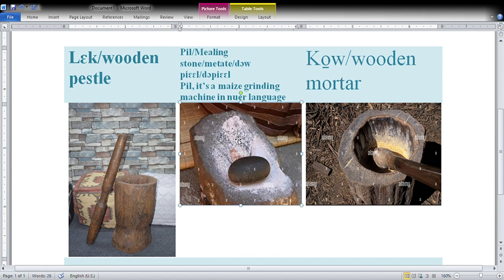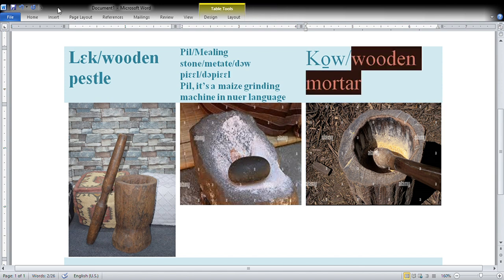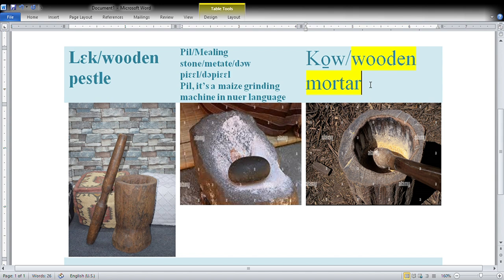So I hope you get something here. Name a cow, shale wooden motor. Name a wooden pestle.